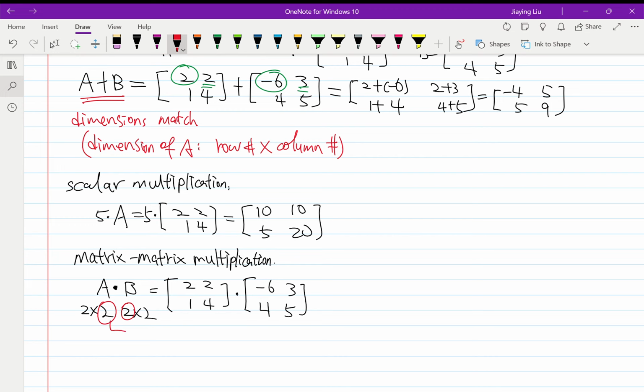Those two numbers must be the same. If they're different, then it's impossible to multiply those two matrices. Now, what about the row number of A or the column number of B? It doesn't matter when it comes to multiplying two matrices together. We only focus on those two inner numbers.